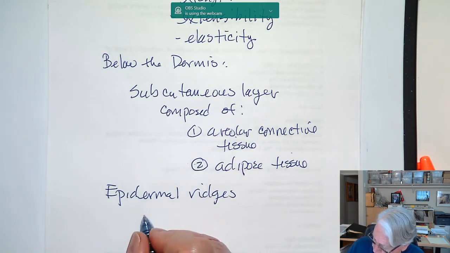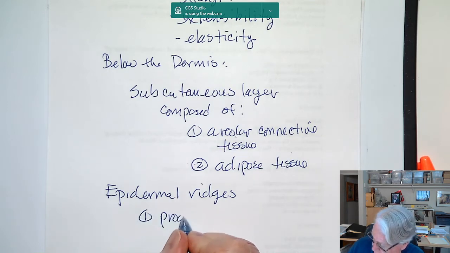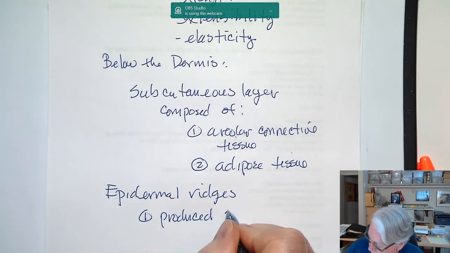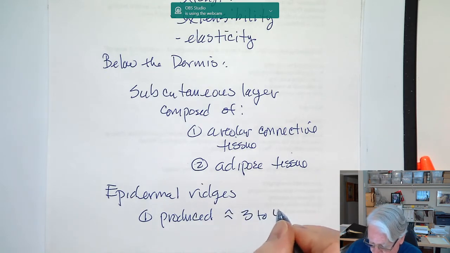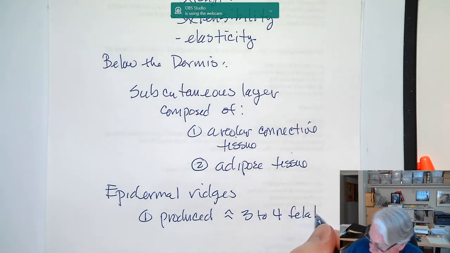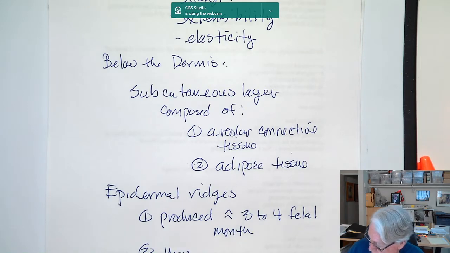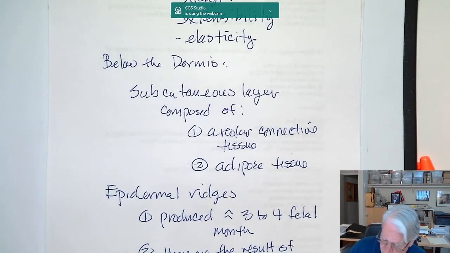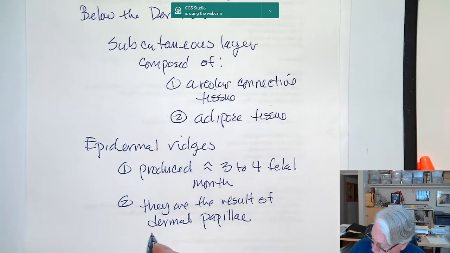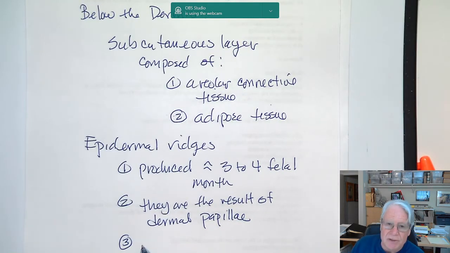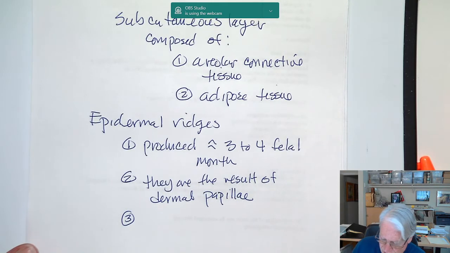So these are going to be produced around the third to fourth fetal month of development. And they are the result of the dermal papillae, in the hand and in the foot. The idea is to increase surface area for grip.